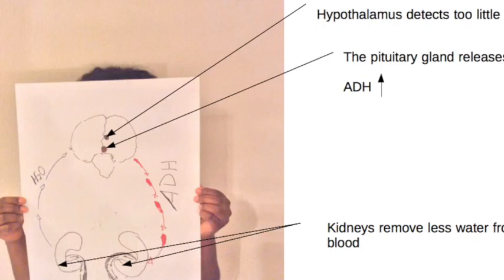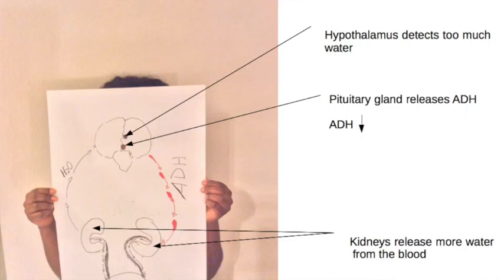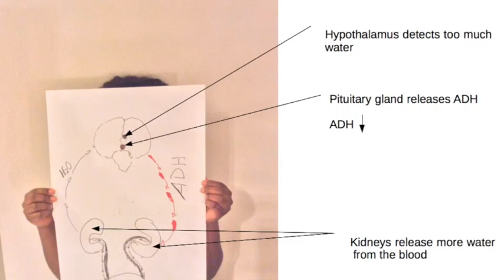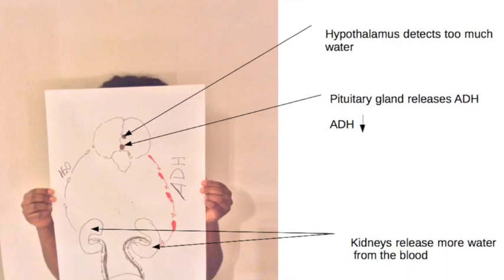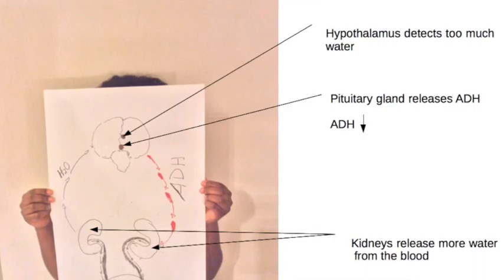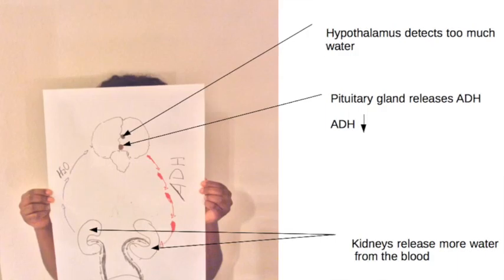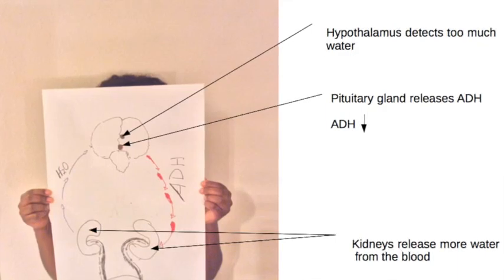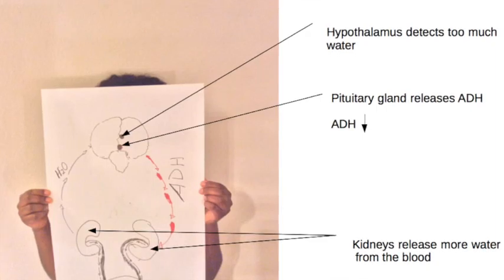On the other hand, when you have had enough water or drink, the hypothalamus will detect the change and send the message, like saying, "Oh, too much water," to the pituitary gland. When there is too little water, the amount of ADH released increases.